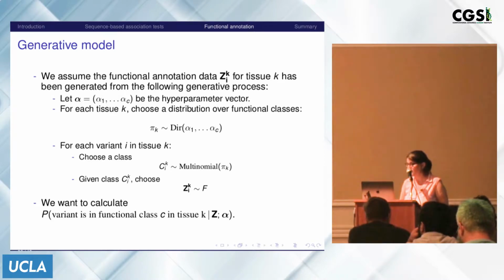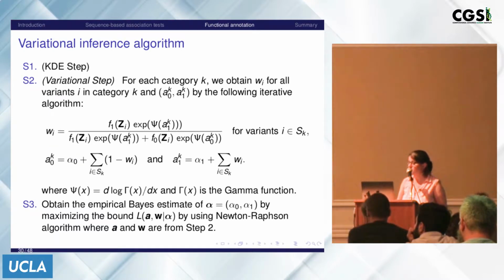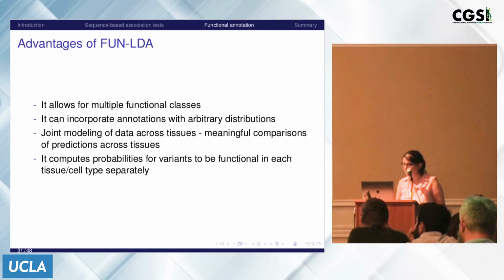And given the class, we generate the functional annotation data from some random distribution F. Our goal is to calculate the probability that the variant is functional in a functional class C in tissue K given Z and alpha. Okay? To fit that model, we use a variational inference algorithm that I will not go over here.